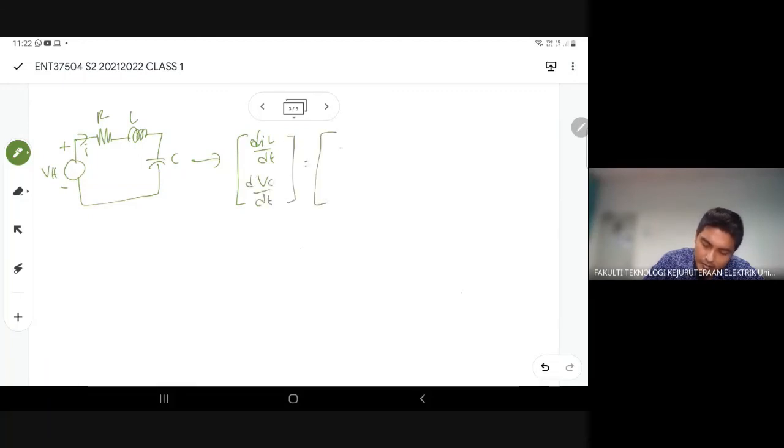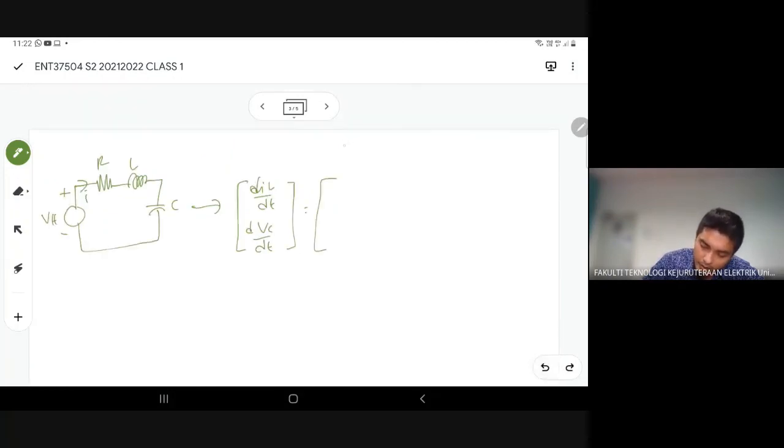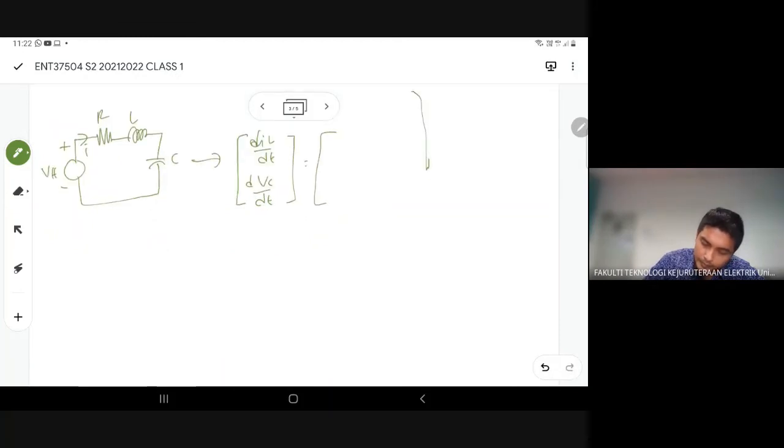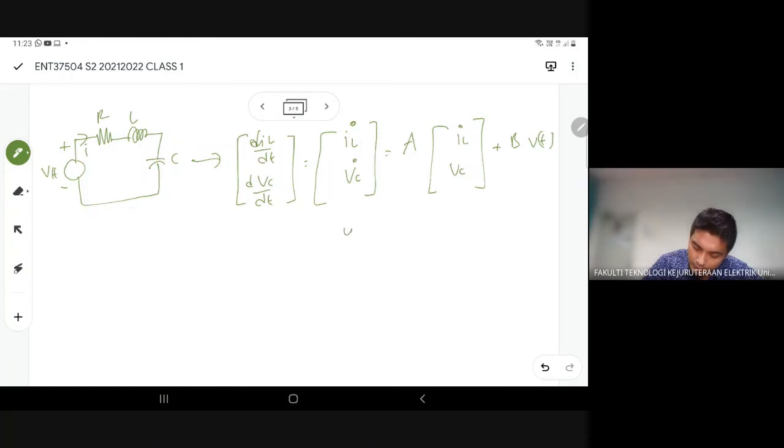So you can say that this is equal to IL dot and VC dot equal to A times IL, VC, plus B times V(t). And then the output Y equation equals C times IL, VC, plus D times V(t).